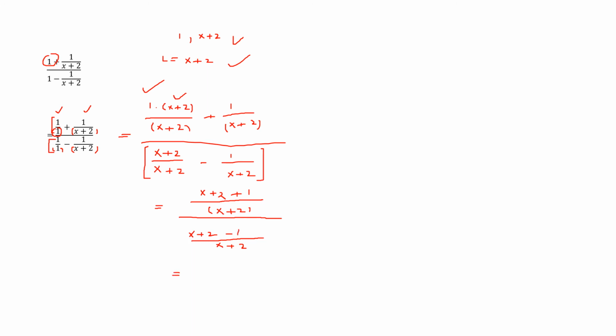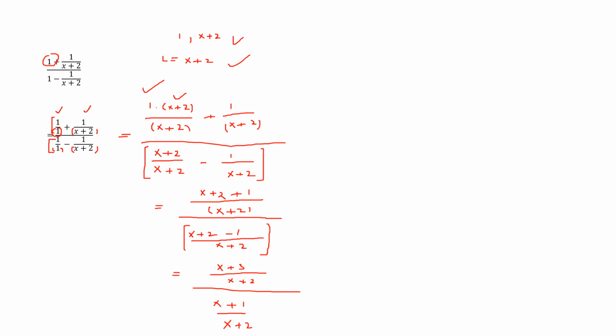So x plus 3 will be the numerator of the numerator, and x plus 2 divided by this portion, which comes x plus 1 and divided by x plus 2.